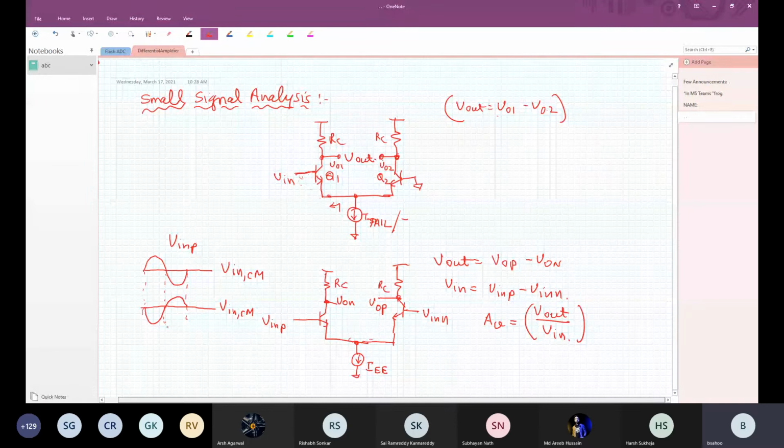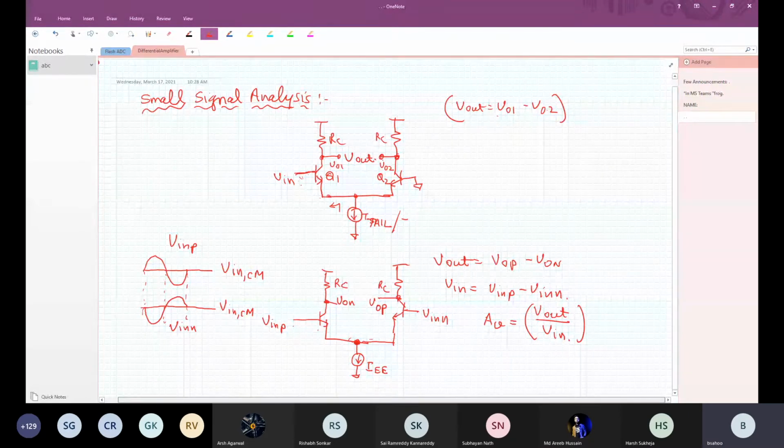We apply V in P and V in N over here, and what we see is that this node voltage doesn't change at all. If one increases by a certain amount, the other decreases by the same amount. It is like the pivot of a seesaw, swinging around that.